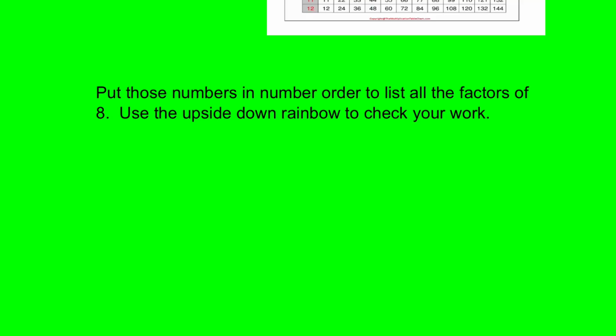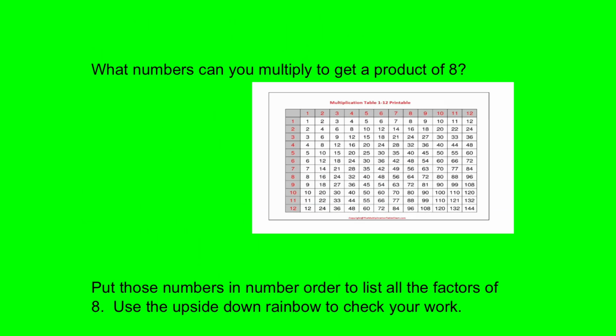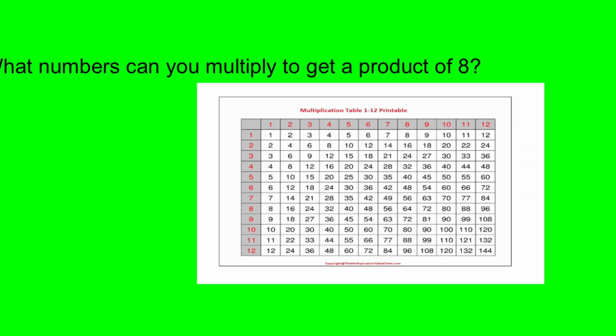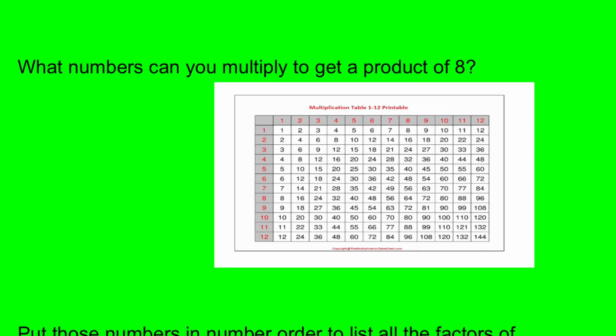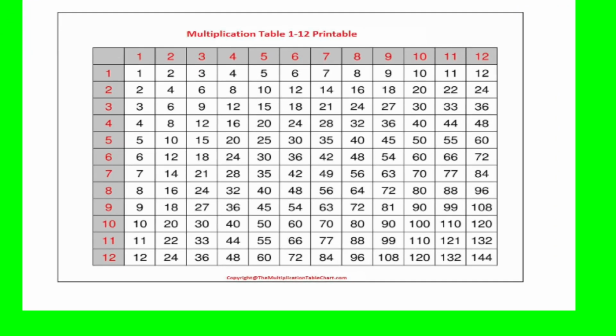So what we started off doing is looking at some different numbers and seeing if we could get the factors. The first question I gave them is, what numbers can you multiply to get a product of 8? So I had them look at their multiplication charts and try to find all the answers of 8 on there. There's an 8, and there's an 8, right?